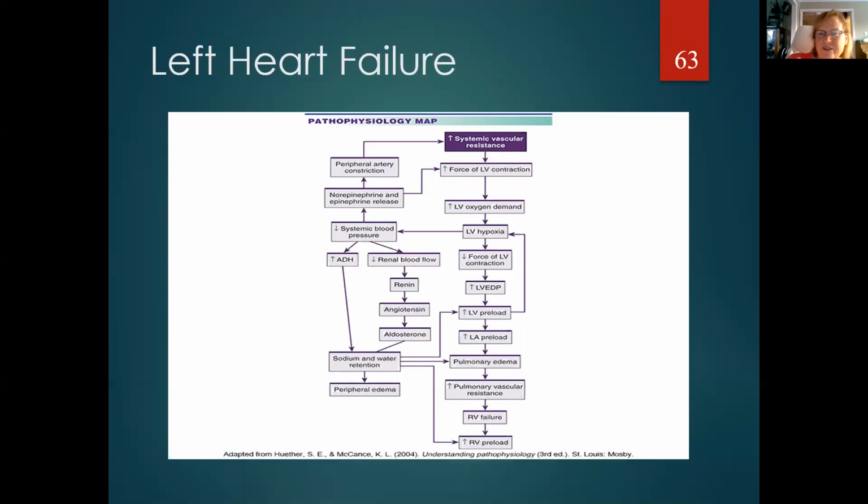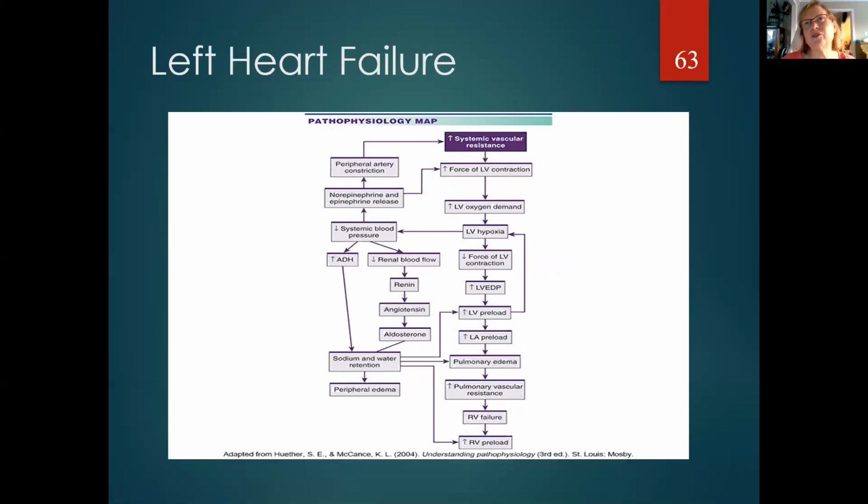Remember, we had the left ventricle hypoxia. On the right side, it led over here to the decrease in systemic blood pressure. Let's go down for a second. Two things are going to happen, two columns. Because we have a drop in our blood pressure, we're going to have decreased blood flow to our kidneys. When we have decreased blood flow to our kidneys, we activate the renin, angiotensin, aldosterone system, and that leads to sodium and water retention, right?